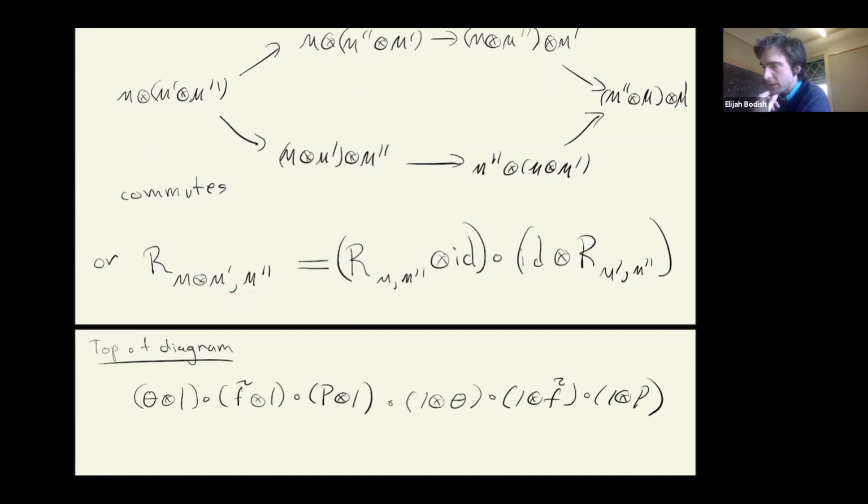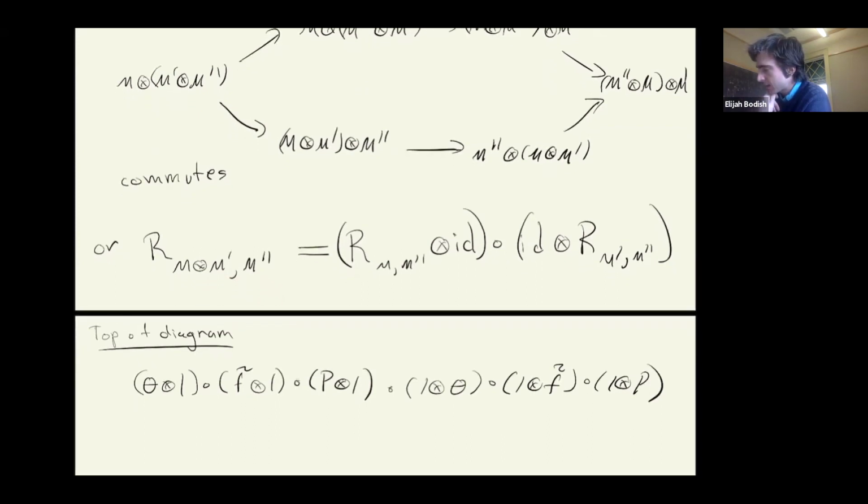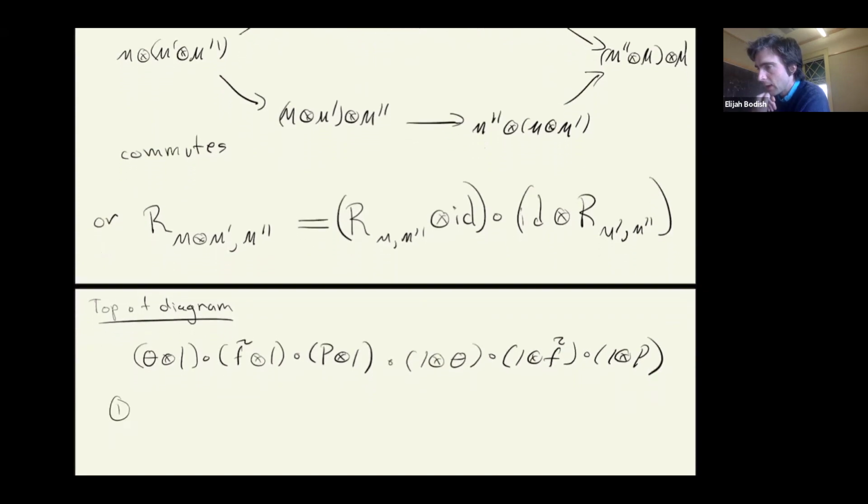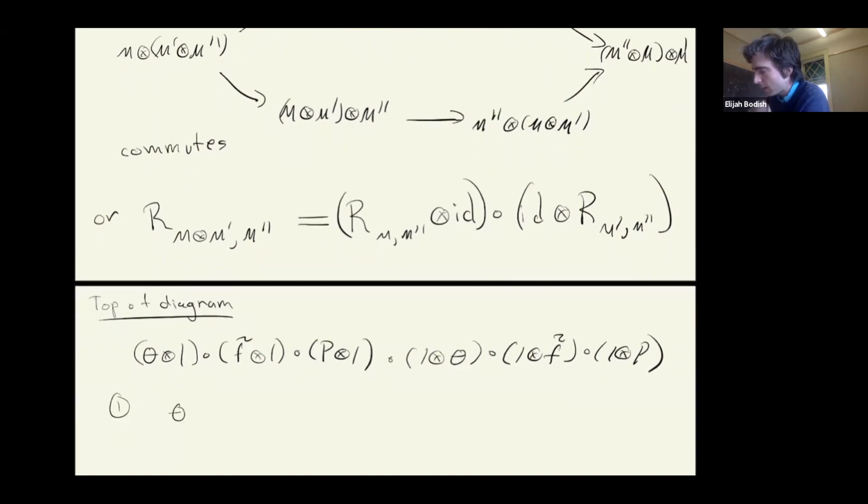So the rearranging of this side is just going to go in 3 stages. The first thing is, if theta was something like the sum of a_i tensor b_i, then I would write theta_{1,3} for the sum of a_i tensor 1 tensor b_i.